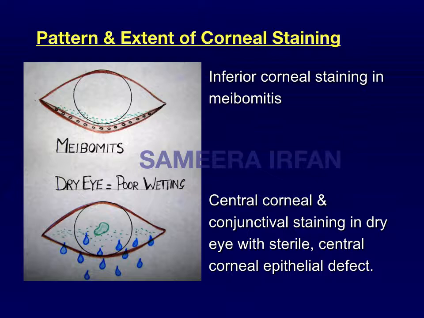However, in evaporative loss of aqueous, there is central corneal and conjunctival staining, and it may result in a sterile central corneal epithelial defect, and this is due to the central part of the cornea being most exposed to the environment.